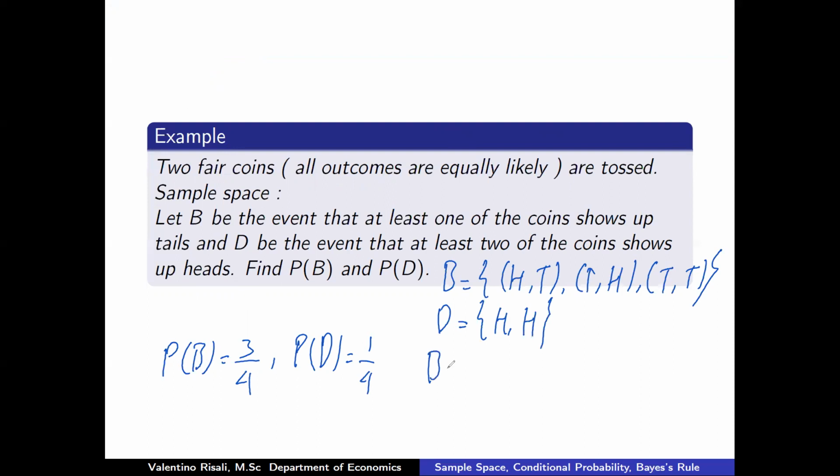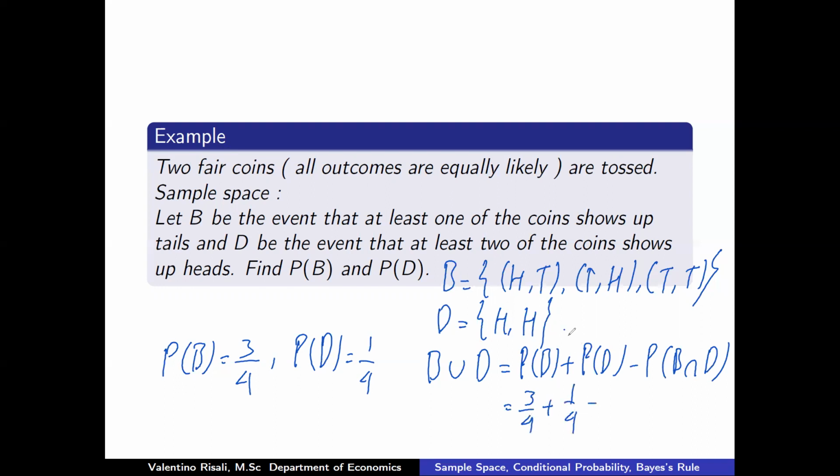Then the probability of B union D is PB plus PD minus P of B intersection D. Substitute the value of PB, and then find the intersection.